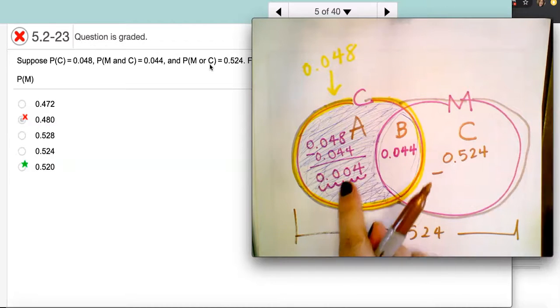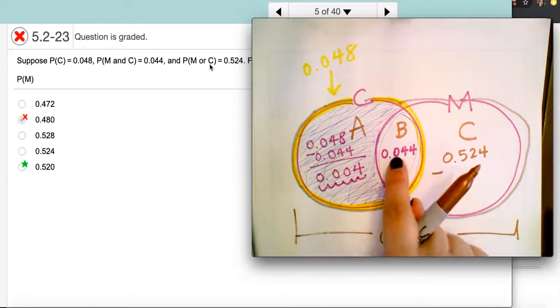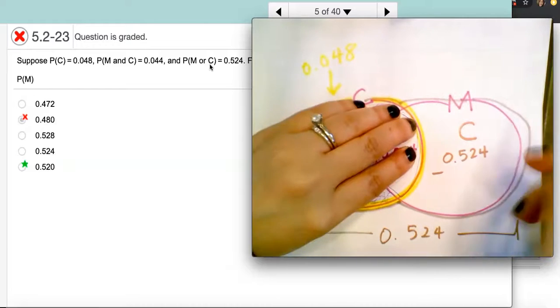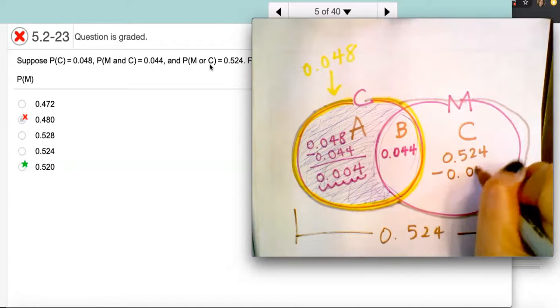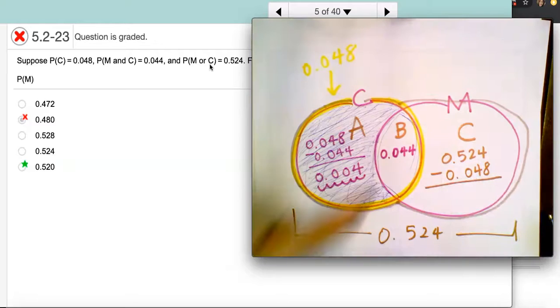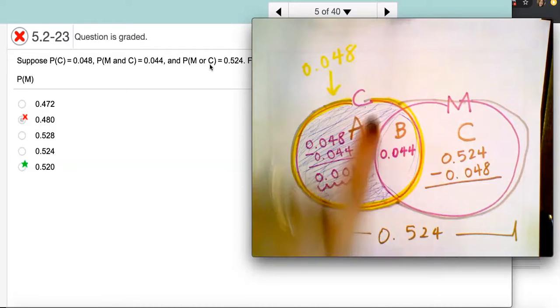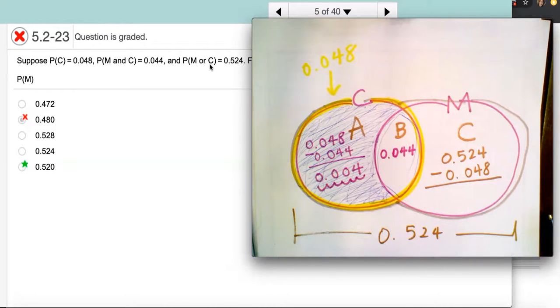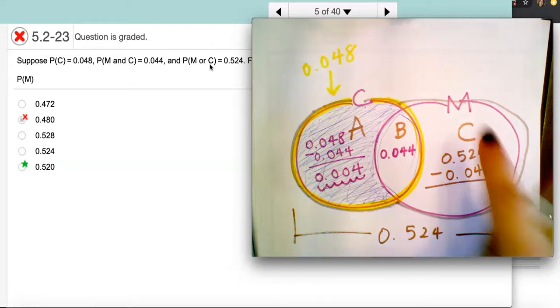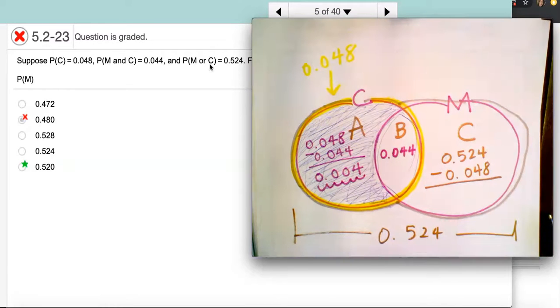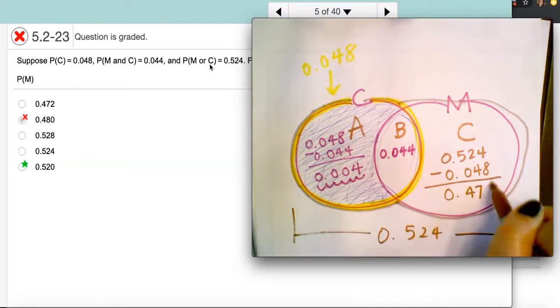I was going to subtract these two individually, but we do know how much the yellow piece is already. The yellow piece is 0.048. So I can just subtract this yellow from this total, and then I'll be able to get how much is in this region C. So 0.524 minus 0.048 equals 0.476.